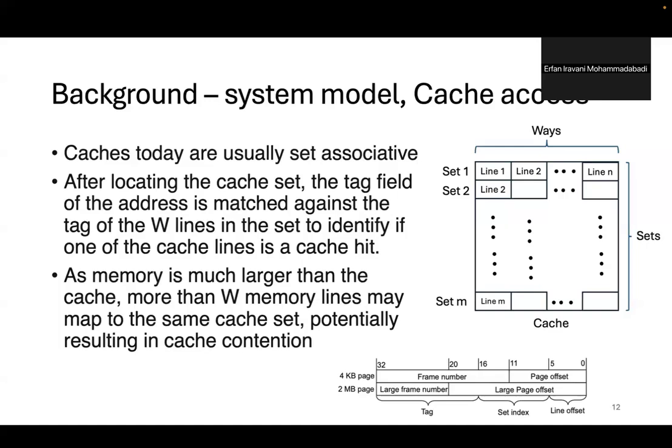Since memory is significantly larger than the cache, multiple memory lines may map to the same cache set. If more than W lines map to the same cache set, there is going to be cache contention, and this potentially leads to cache evictions.